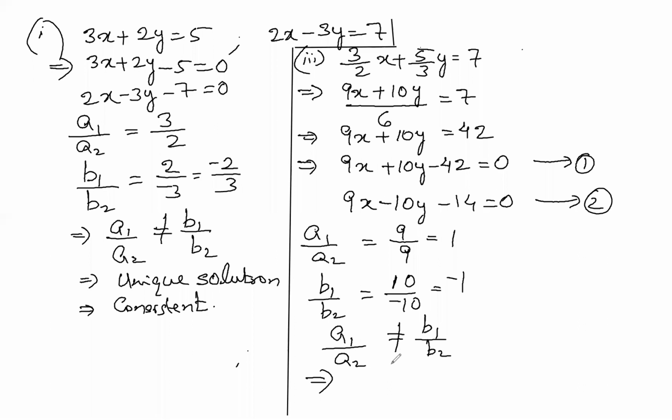Sarah's mic is also not working, I think. Consistent, okay. Sarah's answer is consistent, correct. How many solutions? Unique solution or no solution or infinitely many solutions? Okay, sir. Unique solution, correct. So it is a unique solution, therefore it is consistent.